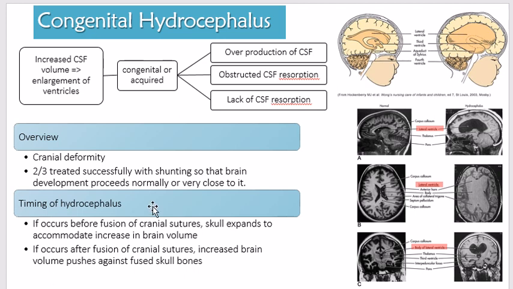And so the timing of hydrocephalus, I already spoke to you about, whether or not it occurs before fusion of cranial structures or after fusion of cranial sutures, I should say. And children will have fusion of where the fontanelle closes, and their sutures will form and fuse. It happens at different ages.